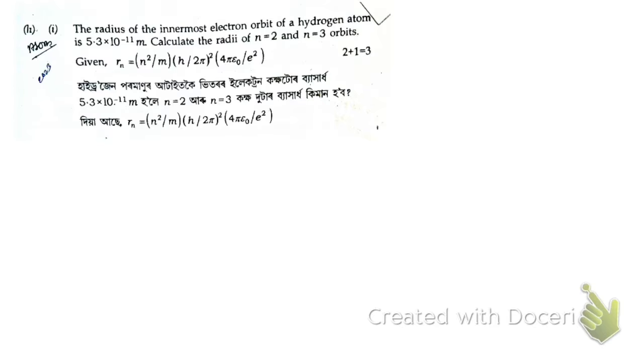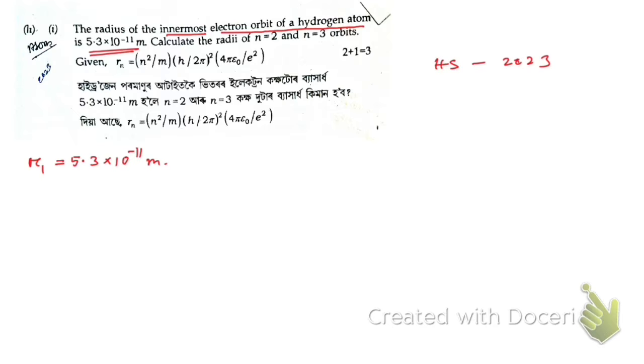Now you see here in this question, this question was asked in AHS final 2023. The radius of the innermost electron orbit of a hydrogen atom is given. That means this is R1, that is 5.3 into 10 to the power minus 11 meter.